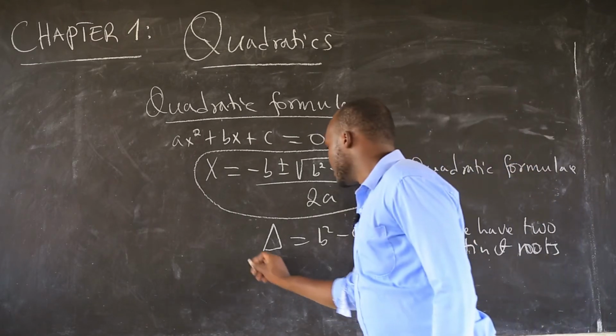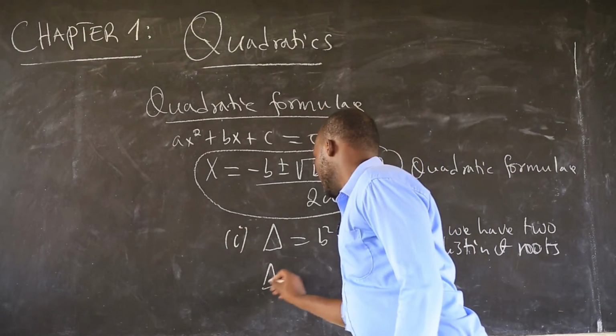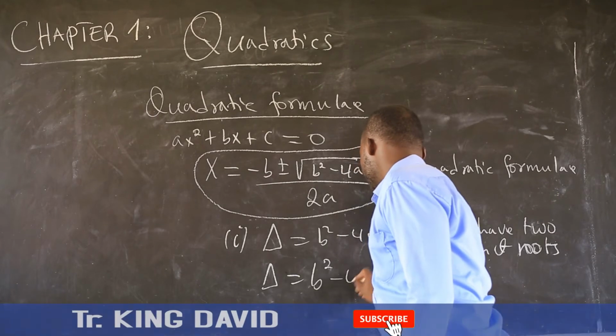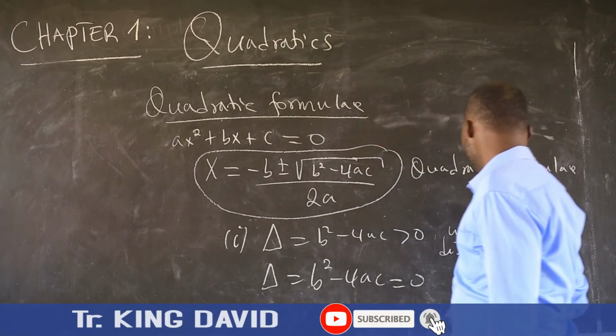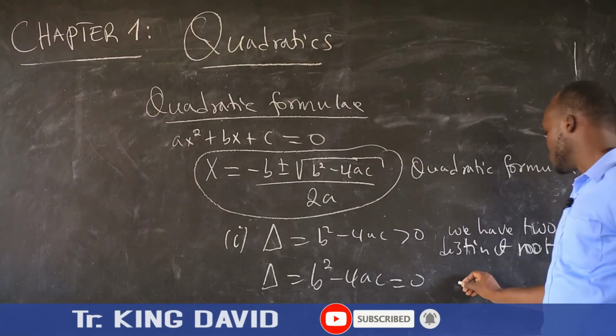When delta, which is b squared minus 4ac, is equal to 0, we have double roots, or the same roots, or repeated roots.